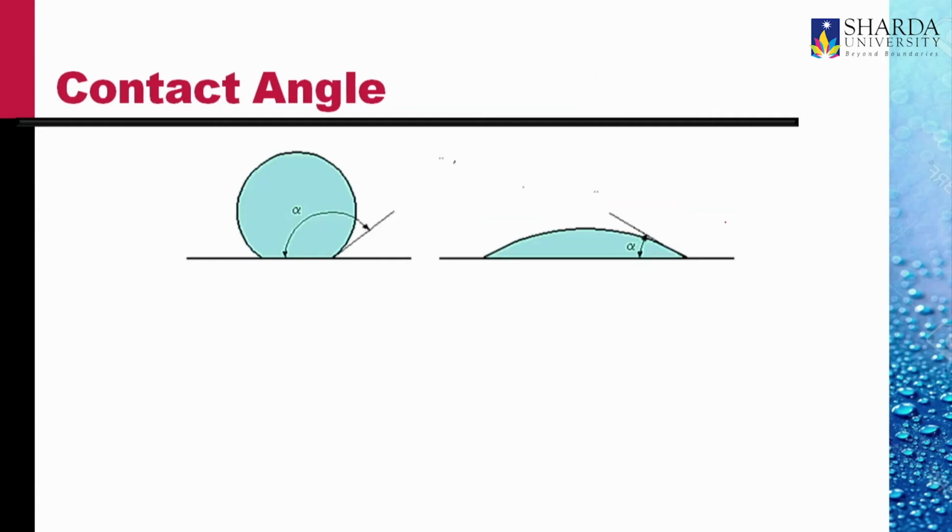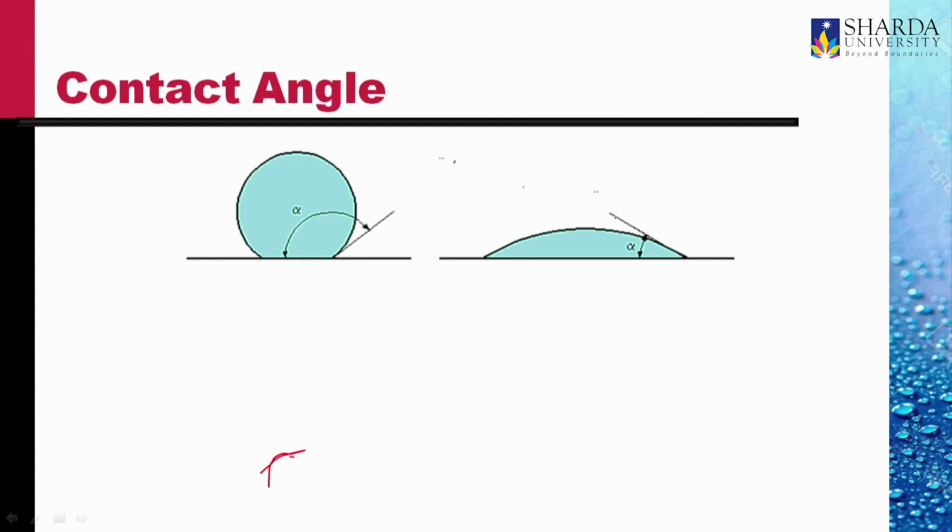We introduce a term contact angle. Contact angle is the angle that the droplet makes with the surface. So here the contact angle is large, here the contact angle is small.